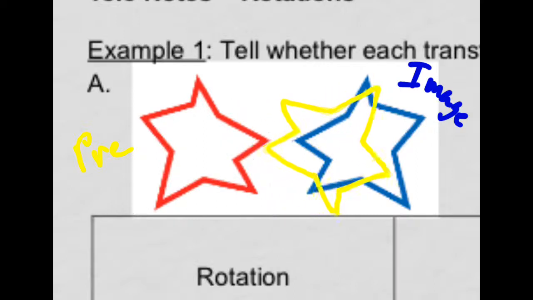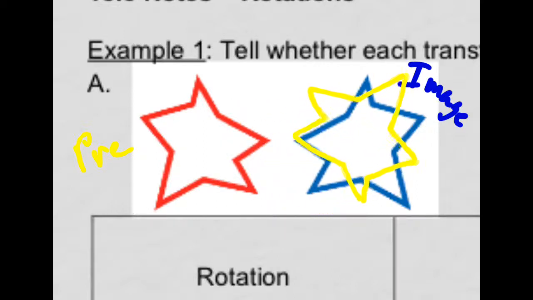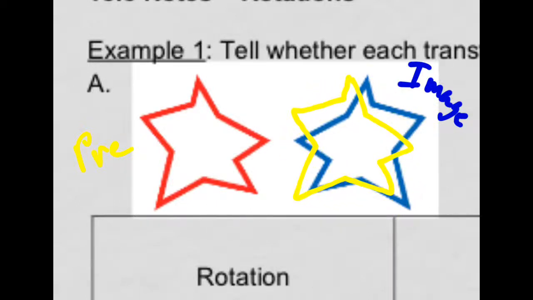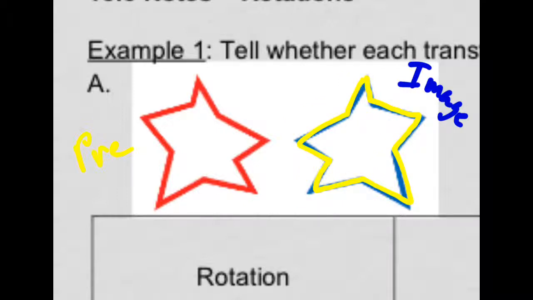Now, can we make this fit this star at all? No, we can't. This is actually a reflection. So if I flip it, and look at that, I can map it to the image pretty well. So this is a reflection.